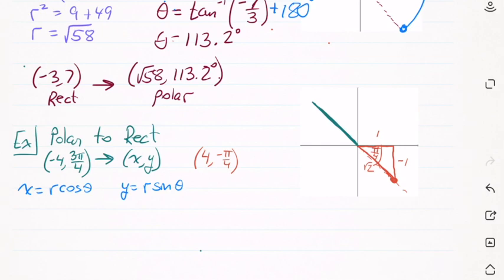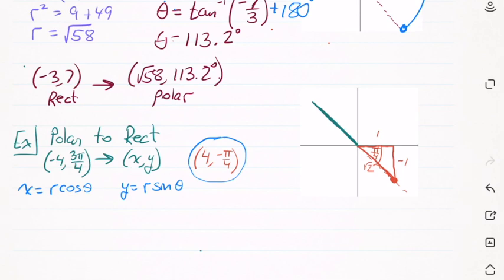The 3 pi over 4 puts us on the second quadrant angle, and the negative 4 just tells us our location is over here. So if we're going to do cosine and sine of 3 pi over 4, I really need to draw my special triangle in the second quadrant. So sometimes it's better if you change your radius from negative to positive just so you can avoid that situation. So I'm going to use this point over here rather than going back to the other one. And then I'll just show you a different way of doing it.